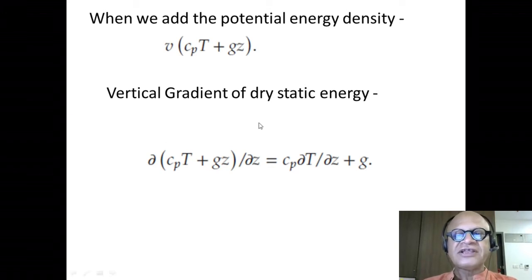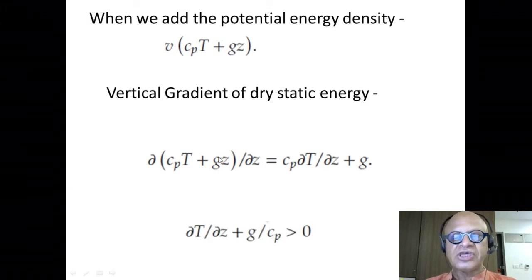The vertical gradient of dry static energy is d/dz of Cp T plus gz, which you can expand into Cp dT/dz plus g, and I think you know where we are going.